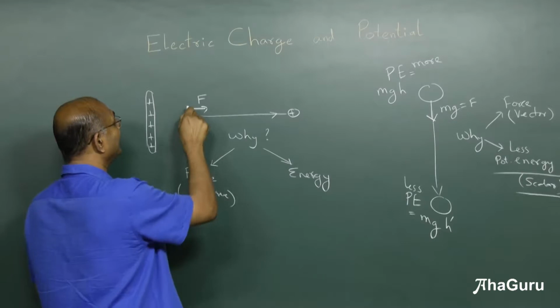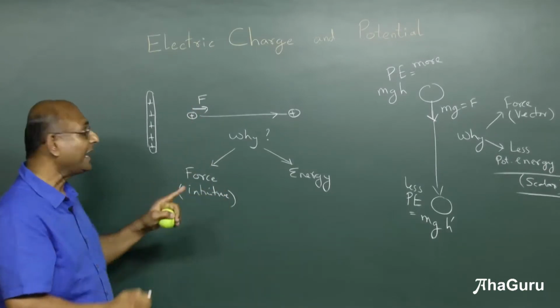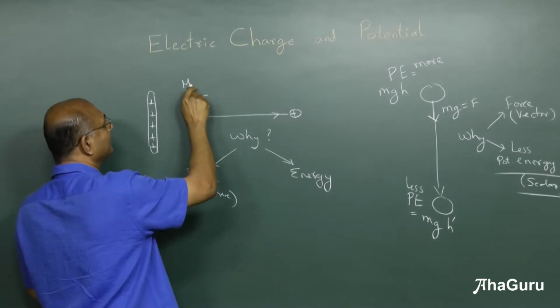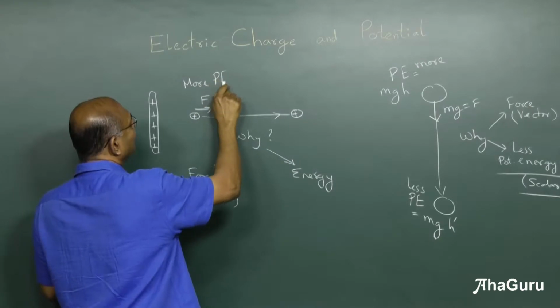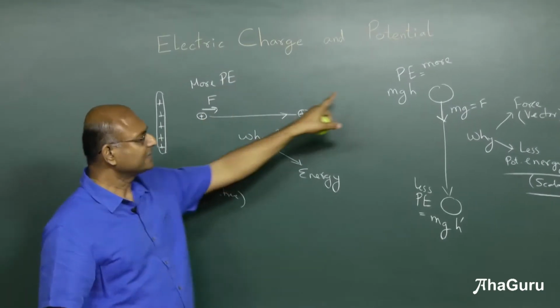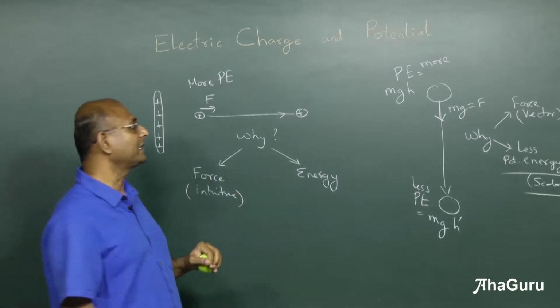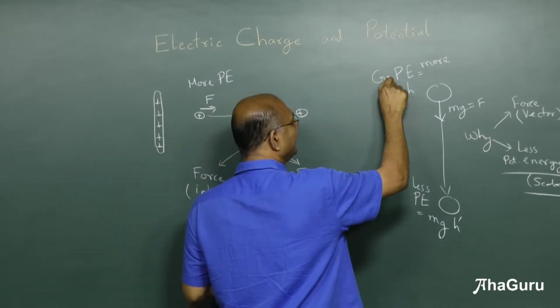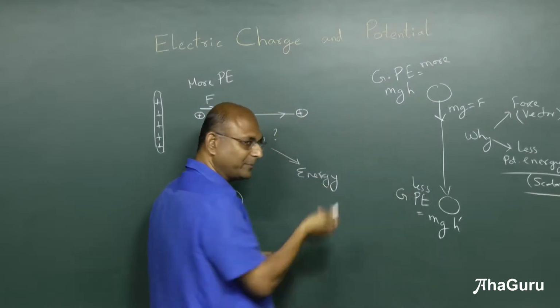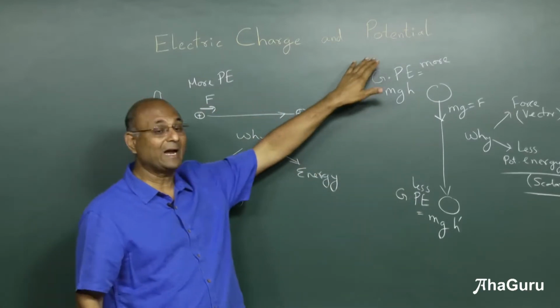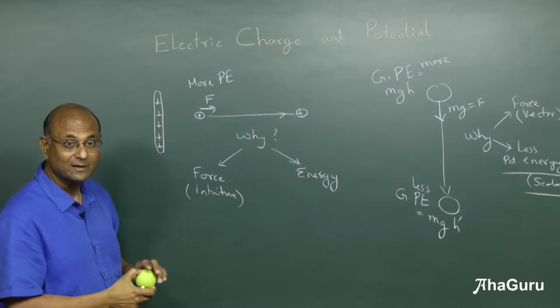So I am going to say this object had more potential energy. Wait. Potential energy? That is gravitational potential energy. This is electric potential energy. So I will call that GP, usually just call it P, but potential energy means gravitational potential energy. Whereas here, what is it?